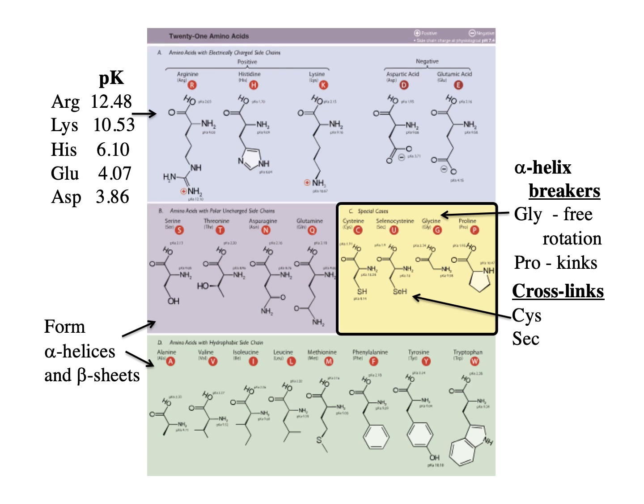And then you have these alpha helix breakers, which include glycine, which allows free rotation around the polypeptide chain. Cysteines, which can form disulfide bridges between distant parts of the molecule. Proline, which forms kinks, and then selenocysteine, which is used in some proteins.